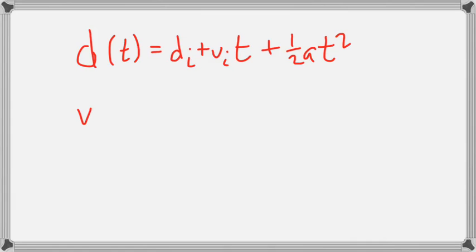And then you have a formula for velocity as a function of time that equals the initial velocity plus the acceleration due to gravity, or the acceleration due to anything really, times time. Those are the two big formulas you're going to need to work on the homework.